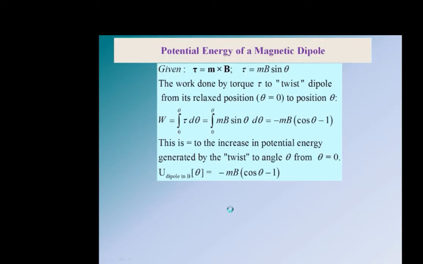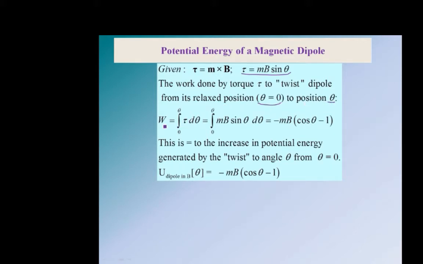So now we have to calculate the potential energy by calculating the work done to twist the dipole. If we take the magnitude of the torque, it'll be mb times sine theta, where theta is the angle through which you twist the dipole. We want the work done to do that twisting, starting at theta equals 0 and going to the angle theta.